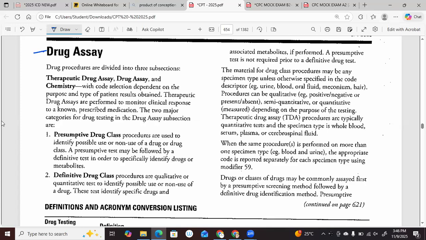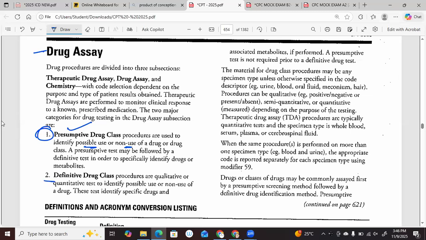In the presumptive drug assay, the doctor is just checking the presence of the drug in the patient's blood or any specimen. To see if there is a presence of a drug or not, like possible use or non-use of that drug, they will use a code from the presumptive drug class.